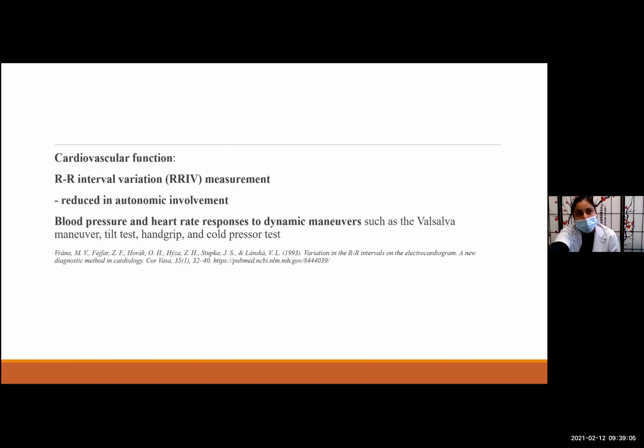There are also tests that identify cardiovascular function, but this is just doing an EKG and looking at the RR interval variation using Valsalva maneuvers. And you'll notice in autonomic dysfunction that the variation tends to reduce because they're unable to respond to the vasovagal changes or the dynamic maneuvers that are being used.